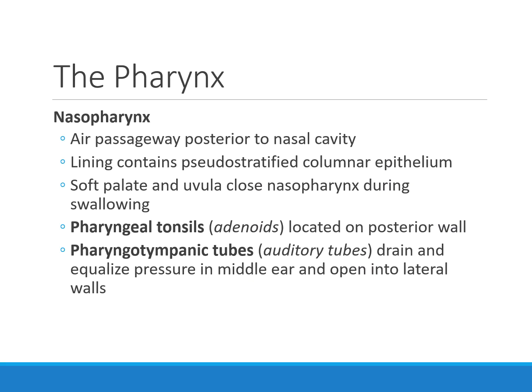So the nasopharynx is the air passageway from the nasal cavity into that area. It is lined with pseudostratified ciliated columnar epithelial tissue. The soft palate and the uvula are going to close during swallowing and make it so things can't back up into the nasopharynx.